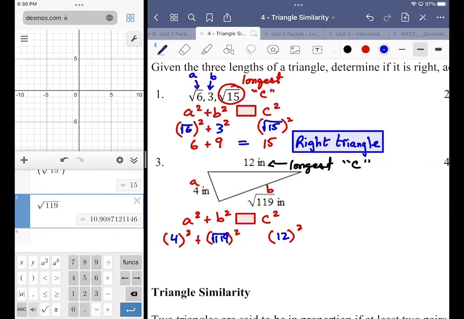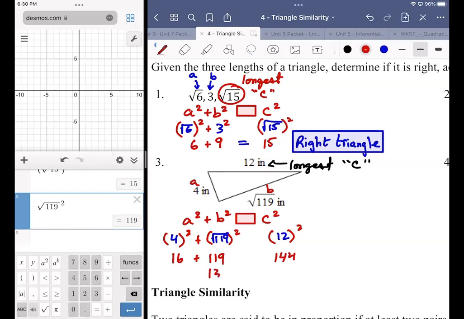So 4 squared is the easy one. That's 16. Radical 119 squared is also the easy one, because when you take a radical and square it, it's just whatever's under the radical. So 119. 12 squared is 144. So we're looking at 135 versus 144.